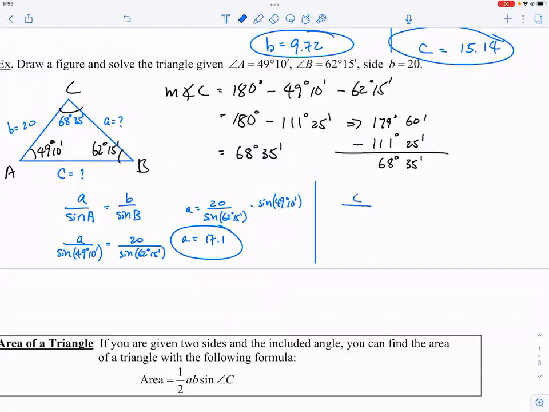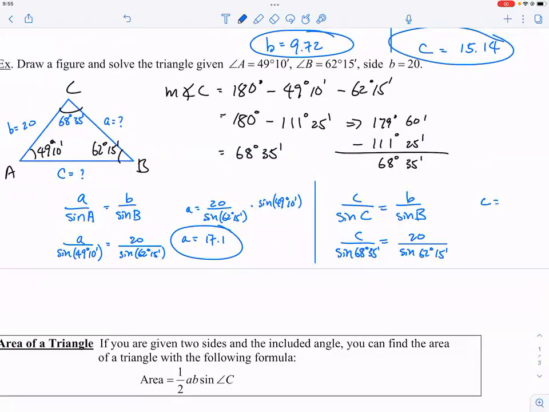And then your side C would be this. So side C is unknown. Angle C is 68 degrees and 35 minutes. And B is 20 over sine of 62 degrees and 15 minutes.